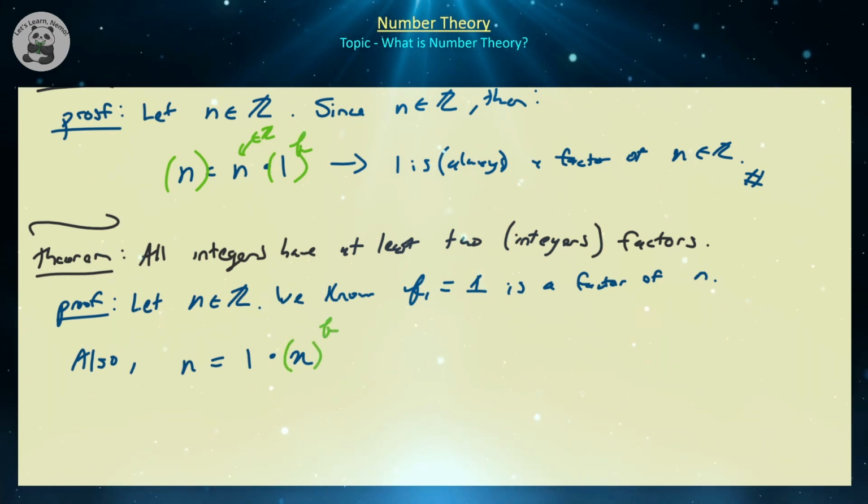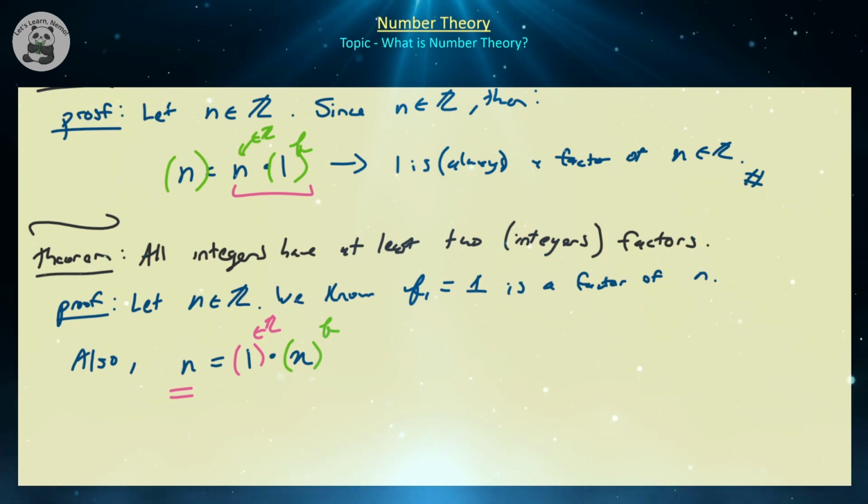If n is a factor of itself, then there should exist another integer such that our number of interest can be represented as a product of that integer and that conjectured factor. We know that n is equal to 1 times n because in some sense that's a commutative representation of the previous statement. But the emphasis is a little different from before, because now we're trying to show that n is a factor of itself, compared to before where we were trying to show that 1 is a factor of the integer n.